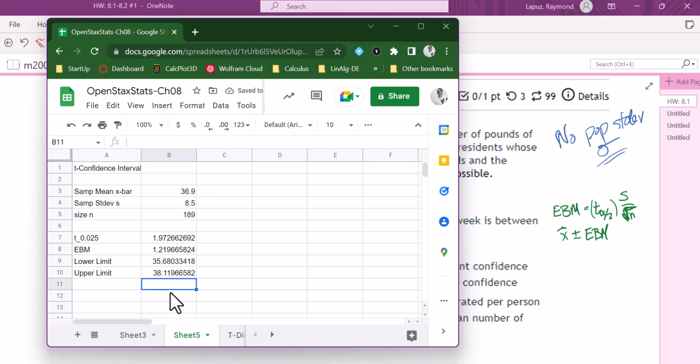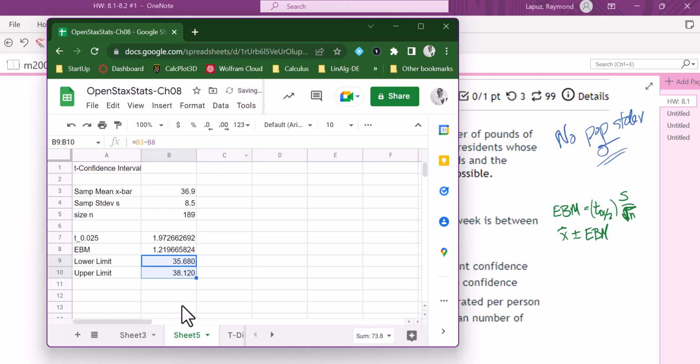So it looks like our answer should be 35.6803 and 38.11966. So I guess we want to round off to 3 decimal places. You could do that kind of quickly by just highlighting and saying we want to decrease the decimals to 3 decimal places, or 4 decimal places if you want to do it that way.